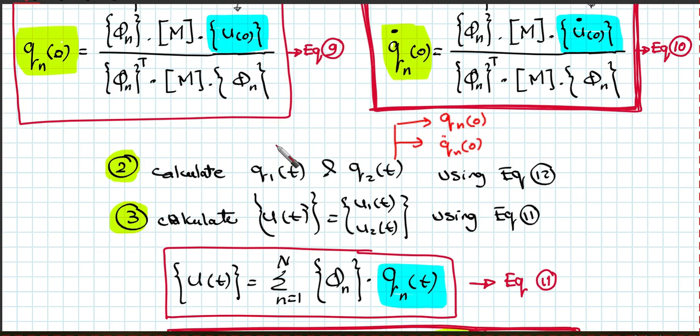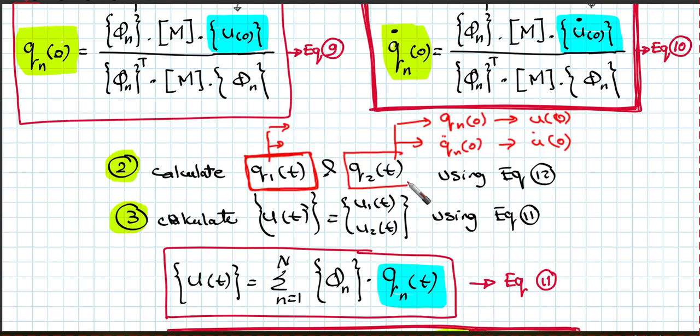So every term, like q1t, always has two parts: one related to u node, and the other related to u dot node. This is for both, where q1 means mode shape number 1 and q2 means mode shape number 2. But we have two contributions from the initial conditions, for displacement and for velocity.